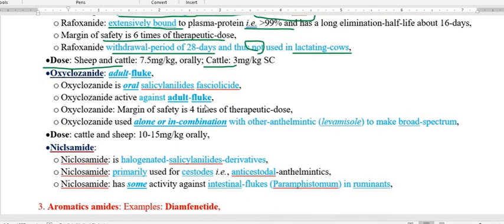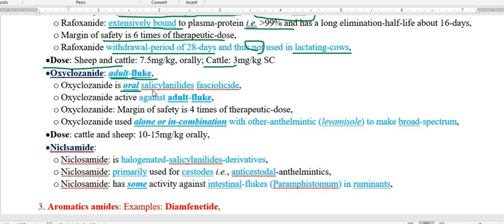Next, under this group two drugs are left, oxyclozanide and niclosamide. Other than clorsulon and rafoxanide, they are acting against adult flukes. Oxyclozanide's preparation comes in oral form.